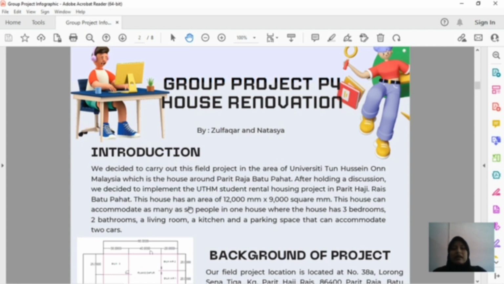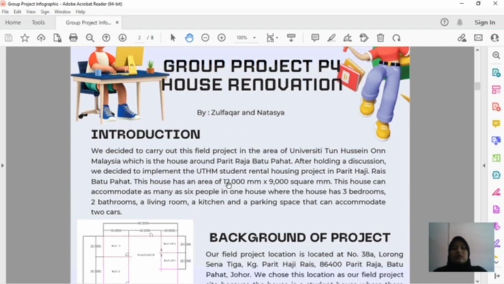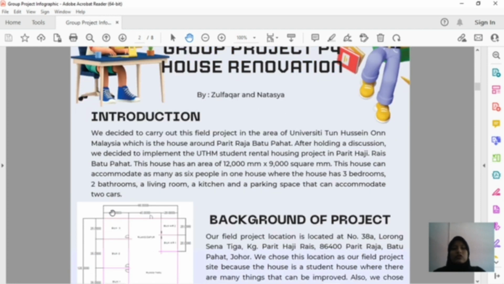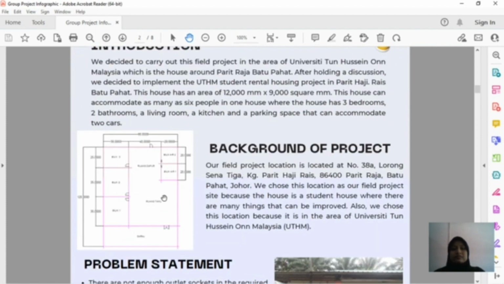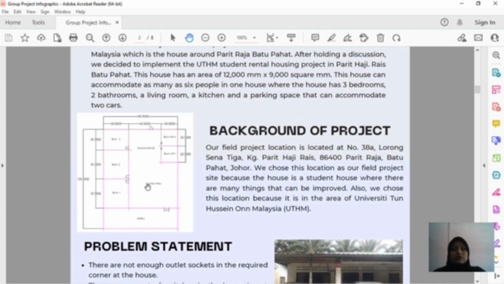This house has an area of 12,000 mm times 9,000 mm. This house can accommodate as many as 6 people, where the house has 3 bedrooms, 2 bathrooms, a living room, a kitchen, and a parking space that can accommodate 2 cars.